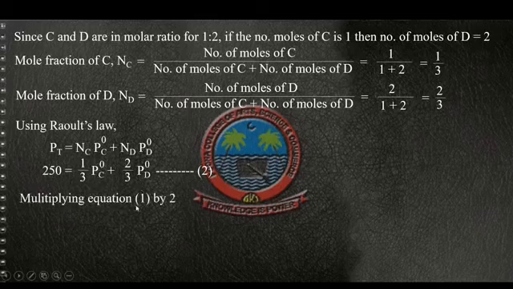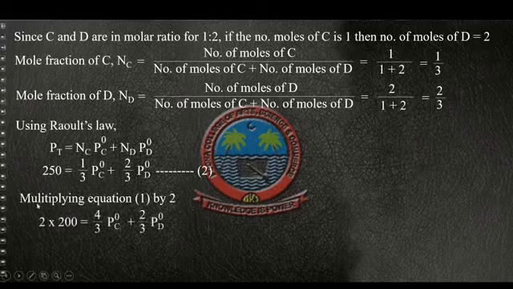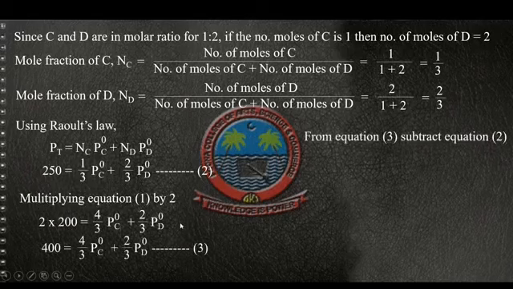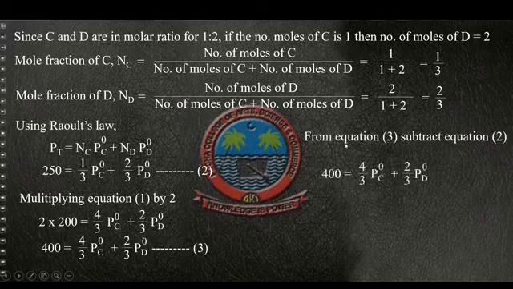So I am going to multiply equation 1 by 2. So equation 1 पिछले पेज में है, so it becomes 400 equals 4/3 PC naught plus 2/3 PD naught. Subtracting equation 2 from 3.